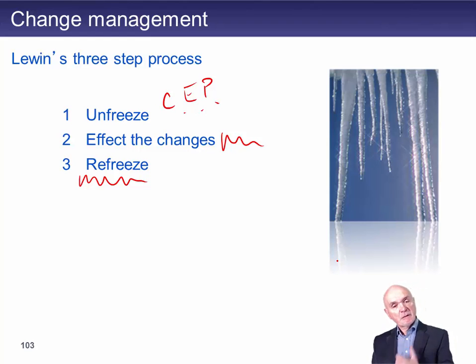So if the change that we're putting through was to try to improve our customer handling, let's say we'd had lots of complaints that dealing with customers wasn't very good, staff didn't really know what they were talking about, they weren't very helpful to customers, maybe they were rude to customers on the phone and doing a lot of damage to the company. So you make sure they're well educated, you put them on courses on customer care and how to answer the phone nicely and how to deal with difficult customers in a diplomatic way and so on.